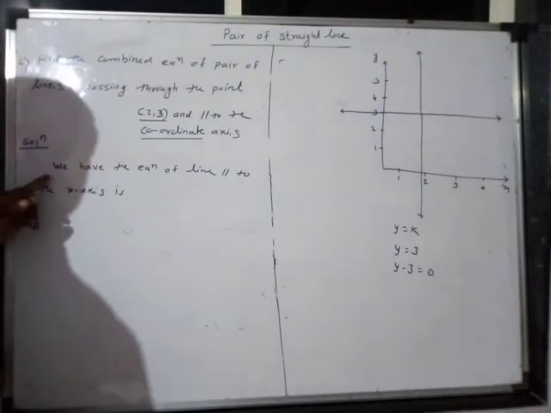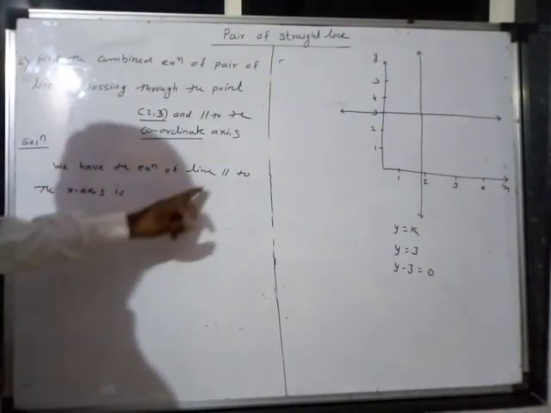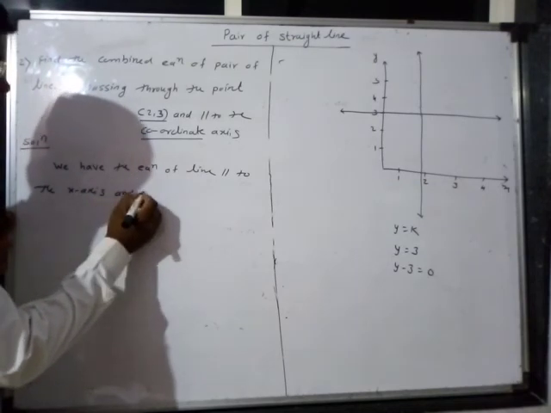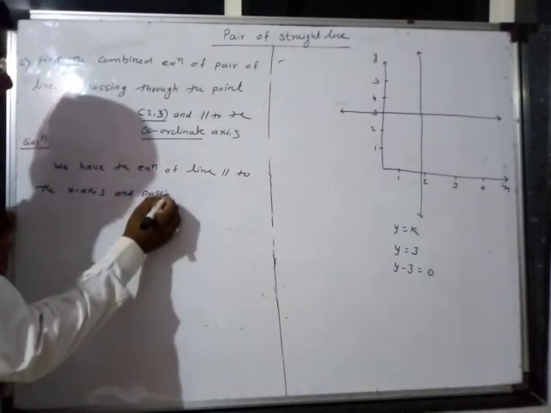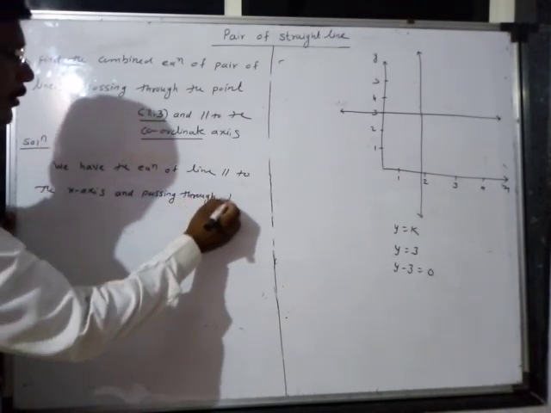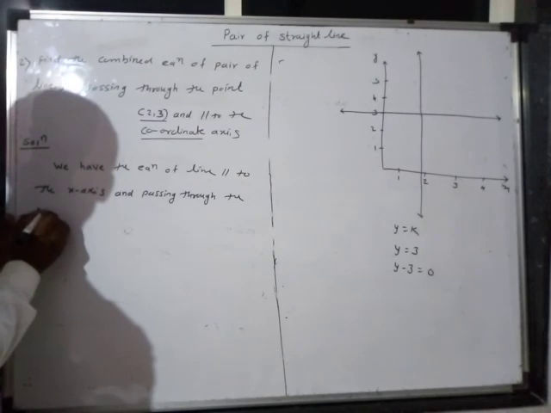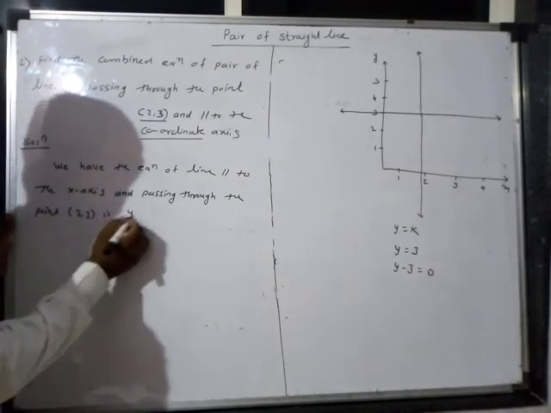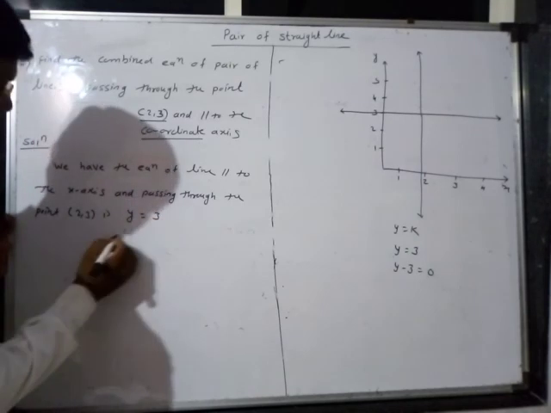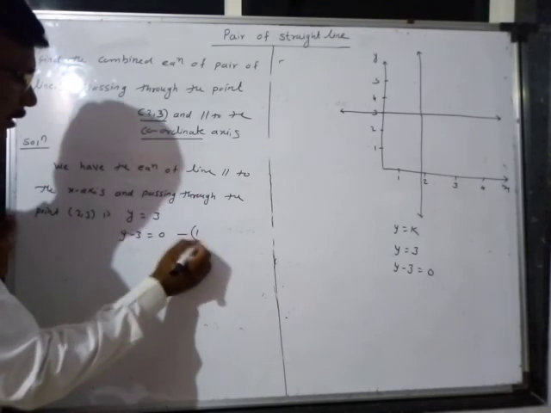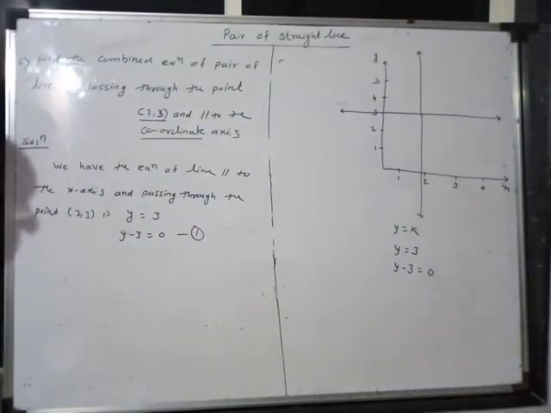Then we have the equation of the line parallel to the x-axis and passing through the point 2 comma 3 is y is equal to 3. Therefore y minus 3 is equal to 0. This is the equation number 1.